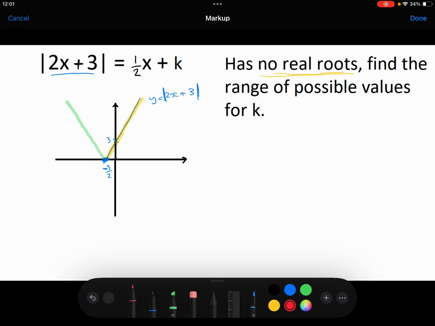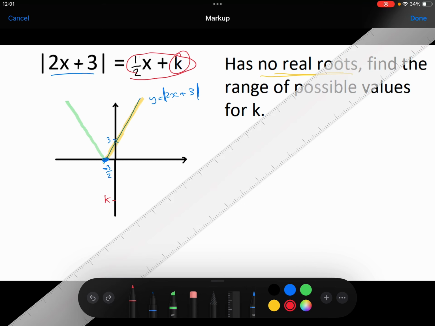What about the half x plus k? Now, I don't know what my y-intercept is here. I don't know what k is. It might be, for example, that k is here. A gradient of 1/2 means that the graph is quite shallow. It's not very steep. It's certainly not as steep as my yellow line there. The yellow line has got a gradient of 2.